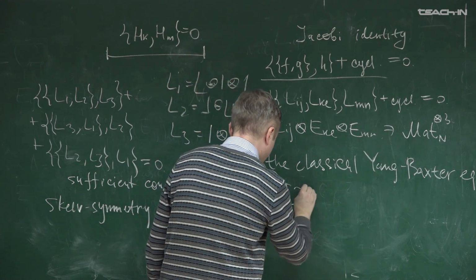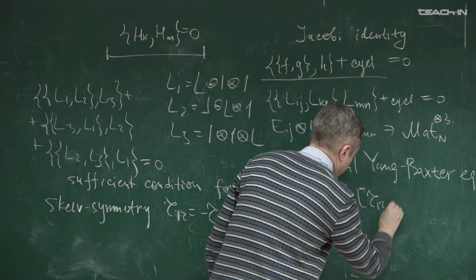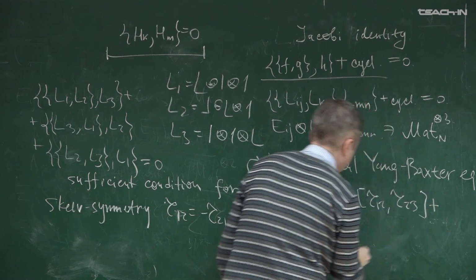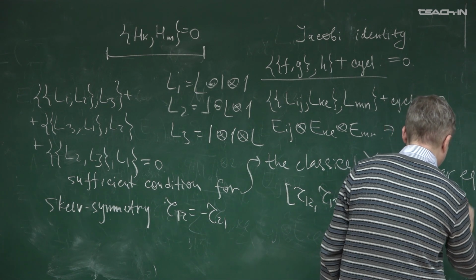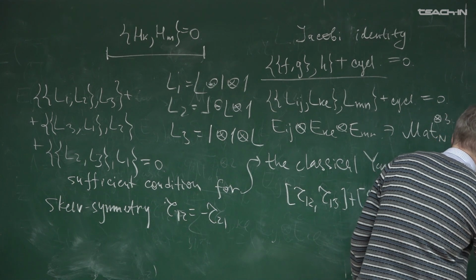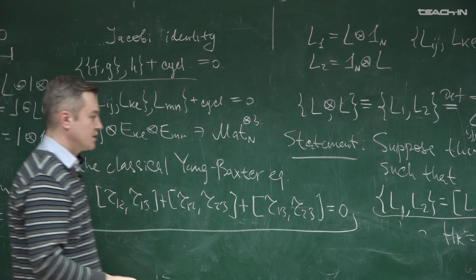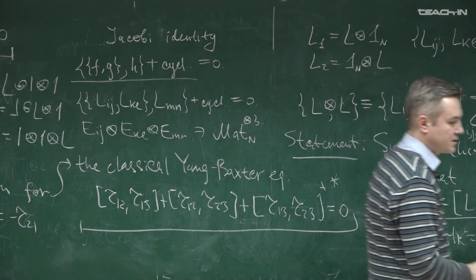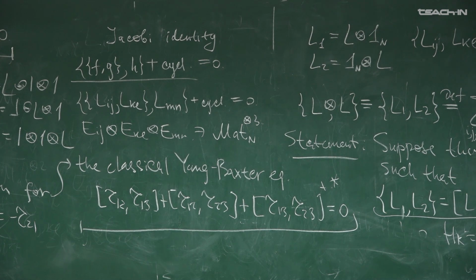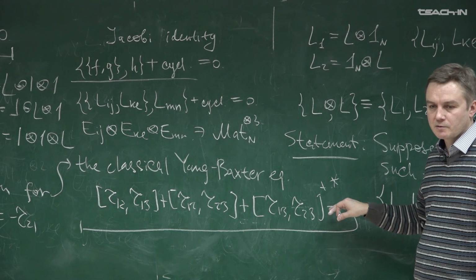Then you have this relation, plus maybe something which I denote by a star, and it means that there are some modifications of the classical Yang-Baxter equation. There is what is called the modified classical Yang-Baxter equation, there are dynamical Yang-Baxter equations, and so on.